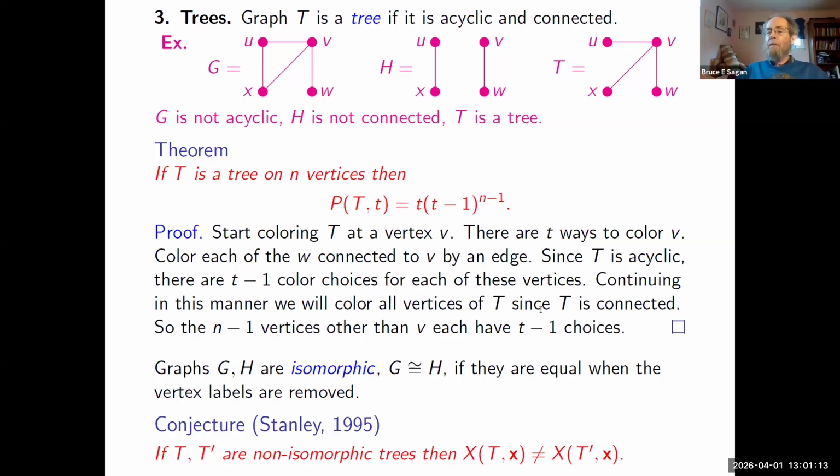If you look at the chromatic symmetric function, you could say this tree has this invariant, and this other tree does not, and therefore they are distinguished in that sense. And for that, they've been able to prove this conjecture for non-isomorphic trees up to, I think it's maybe 15 vertices at this point. I'd have to go check the literature to make sure.